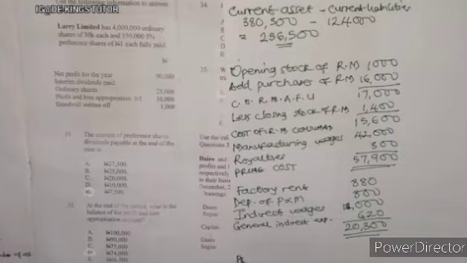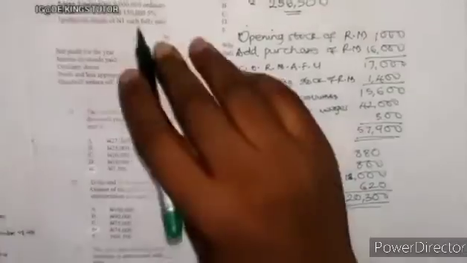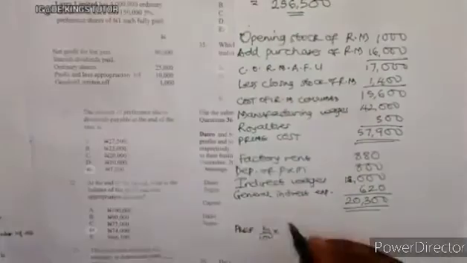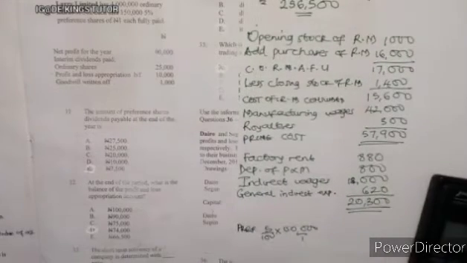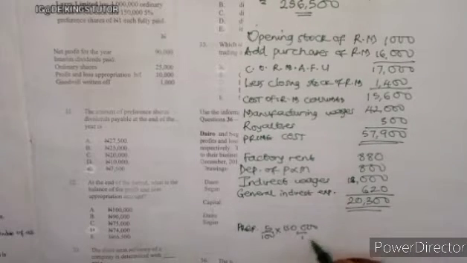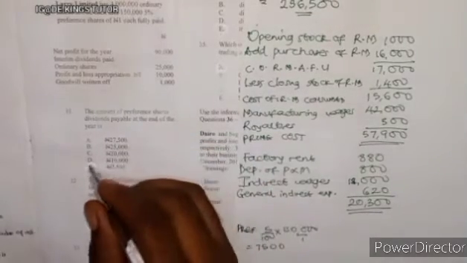So the preference shares dividend will be 5% times 150,000. So 5% of 150,000 will give us 7,500.